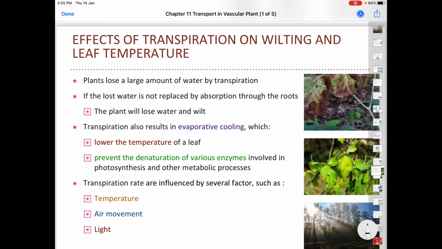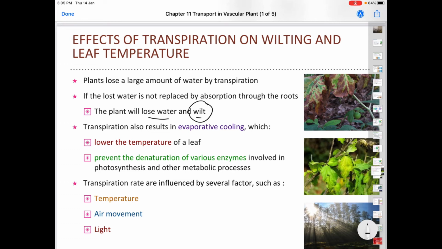Plants lose a large amount of water by transpiration. If the lost water is not replaced by absorption through the roots, the plant will lose water and wilt. Just imagine if the transpiration process keeps happening but there is no water to replace the released water, so the plant will wilt.